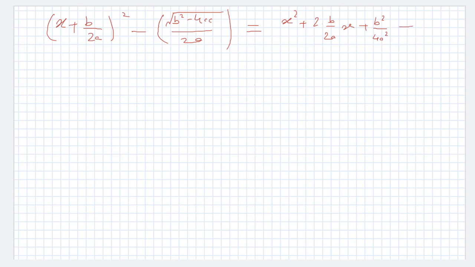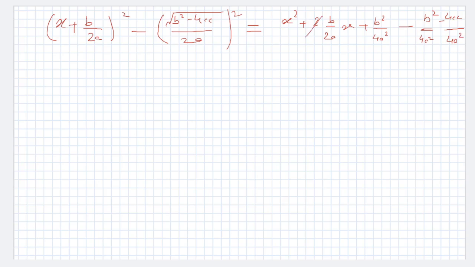So this is going to be b square minus 4ac divided by 2a. I am dividing by 2a squared, so it's going to be 4a square. So b square over 4a square, and I am writing 4a square over here as well.